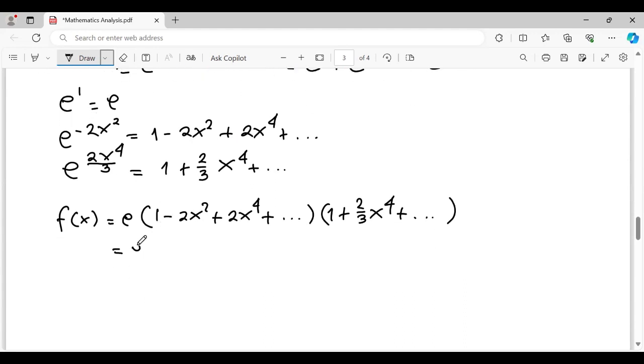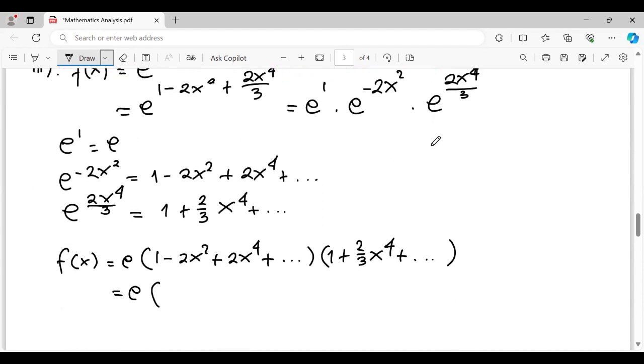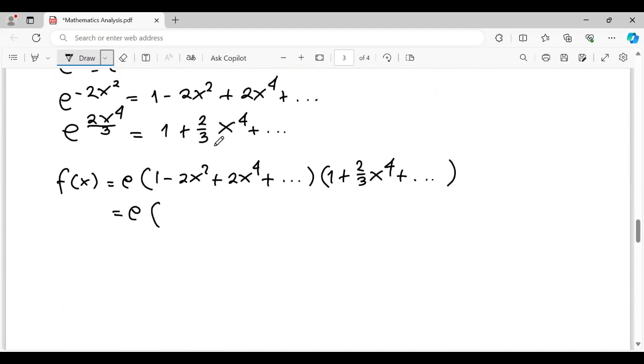If we multiply, it becomes e times, as we just calculated already, 1 minus 2x squared plus a third x power 4. Right.